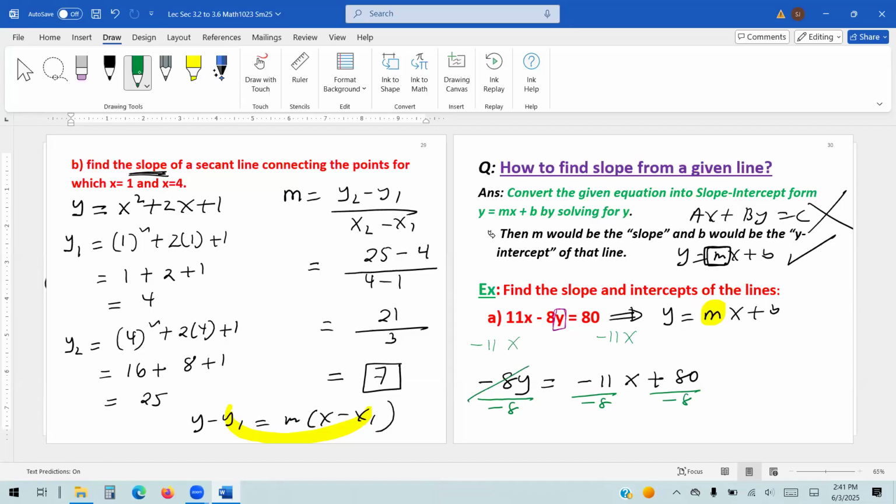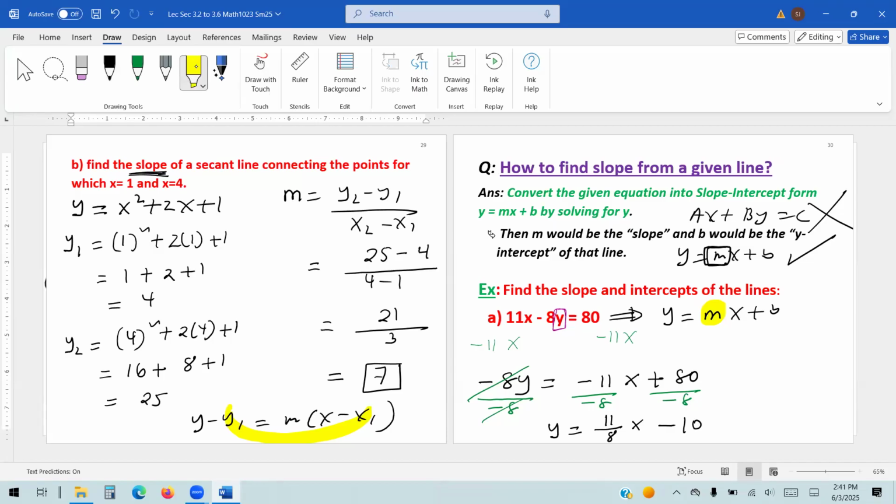So negative 8 cancels out. We have y equals, and what happens to the negative on the top and negative on the bottom? They turn into positive, they cancel out. And we have this. And how about positive 80 divided by negative 8? Negative 10. I give it answer.